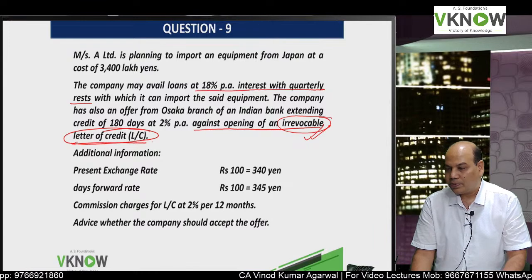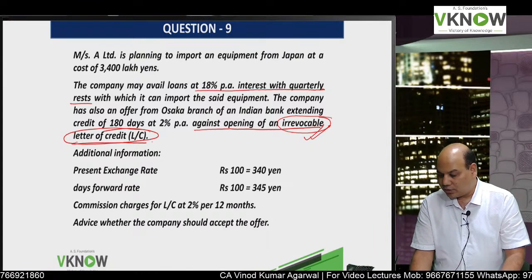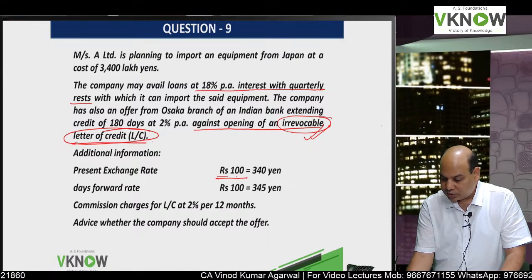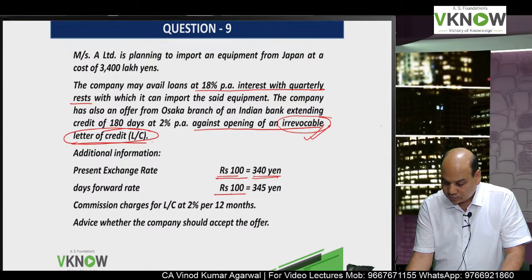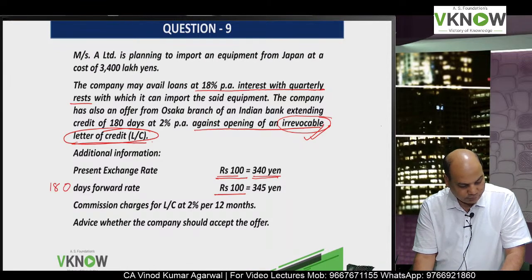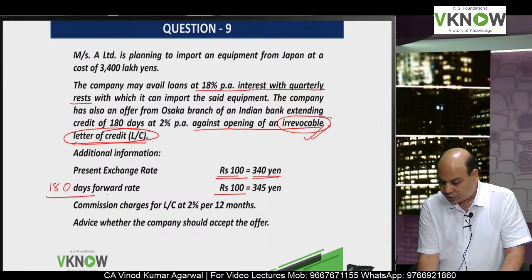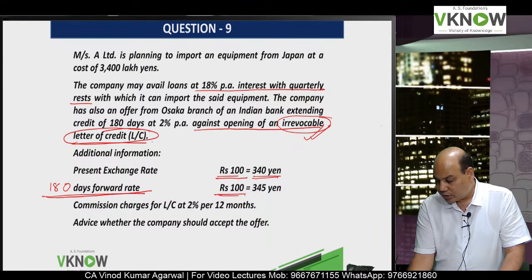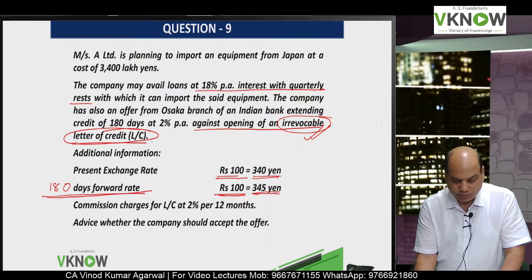Additional information. Present exchange rate is 100 rupees equal to 340 yen, and 180 days forward rate is 100 rupees equal to 345 yen.